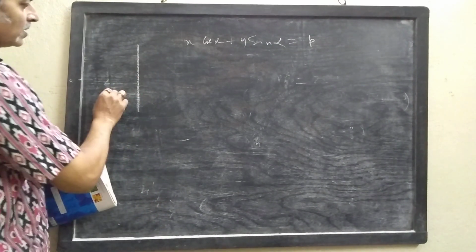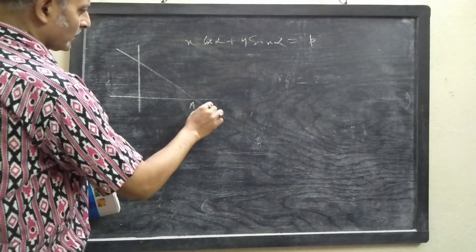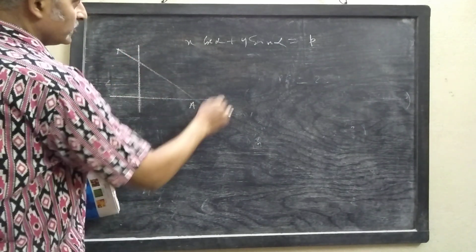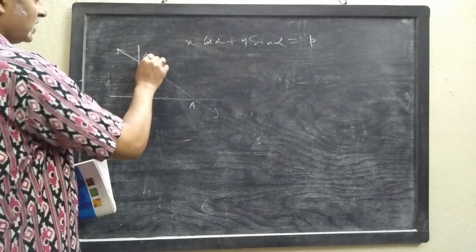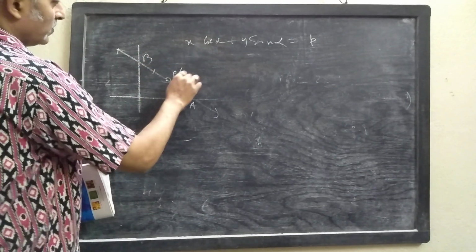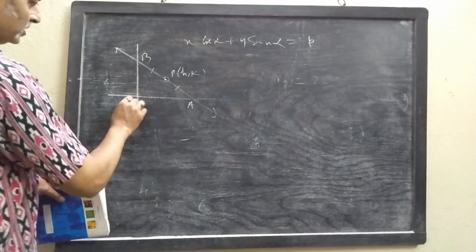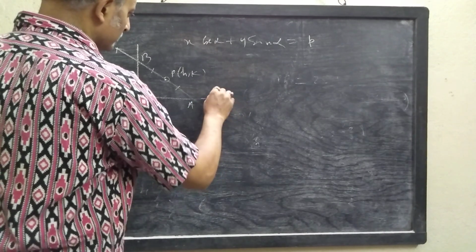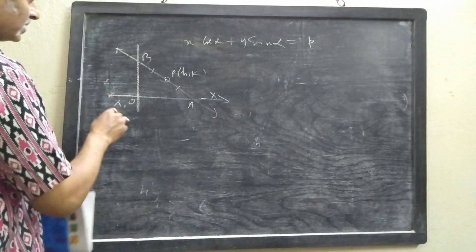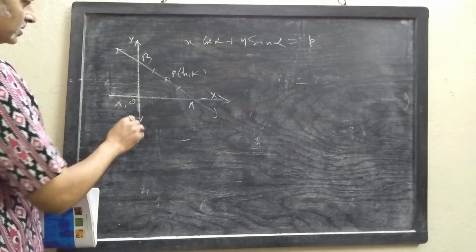So this is our straight line which is given here. This is A, this is B. We have to find the midpoint P(h, k), its locus. This is O, this is X, this is X dash. This is Y, this is Y dash.